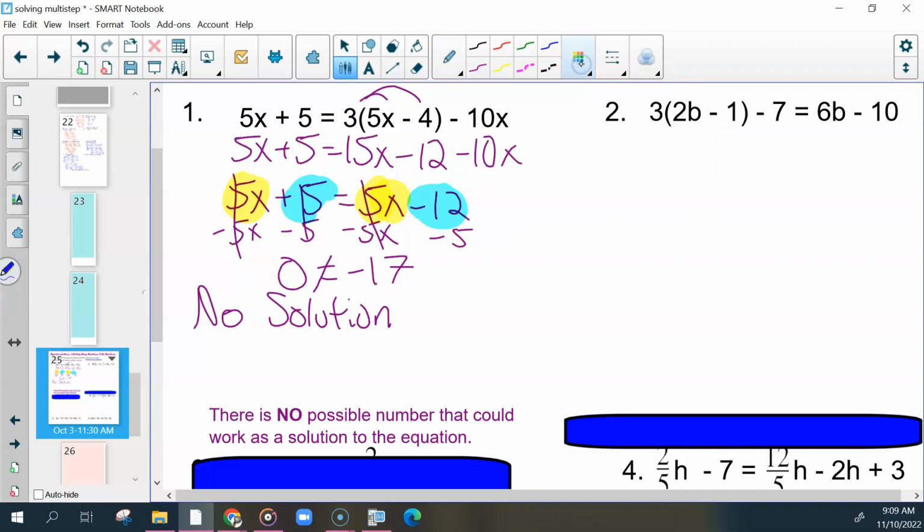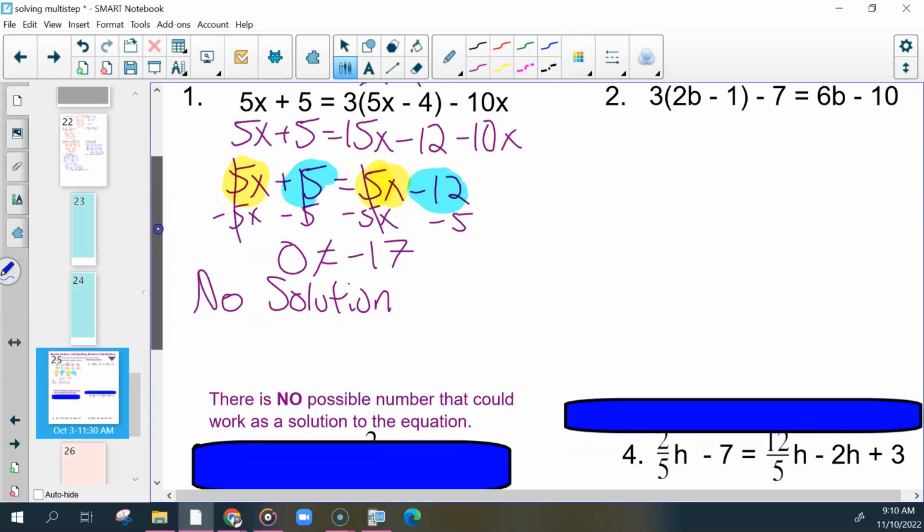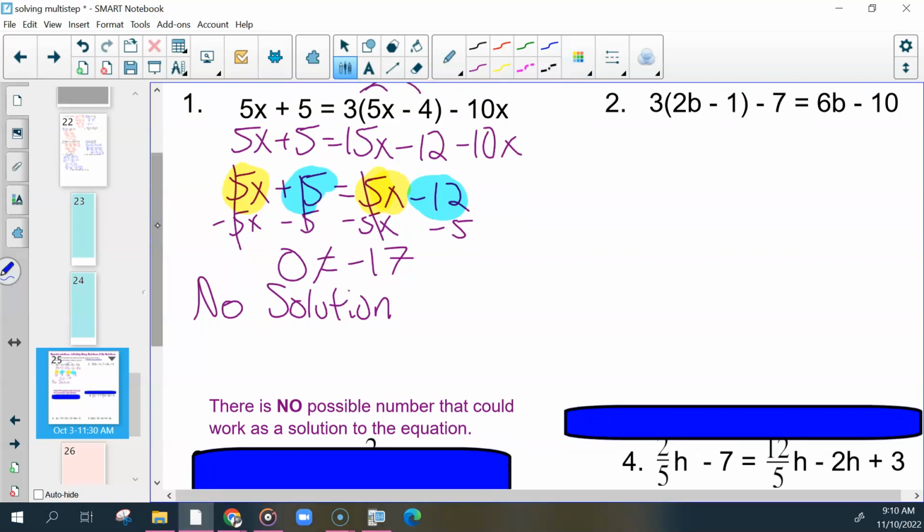I do want to also show you one other thing. So you're either going to get 0 equals a different number, or you're going to get 2 different numbers. If you got 2 different numbers, you would not be doing it simultaneously. So I'm going to rewrite this really fast. You don't have to do this, but if you are doing it one at a time, I would say write this down. So let's say I just moved the x's and nothing else.